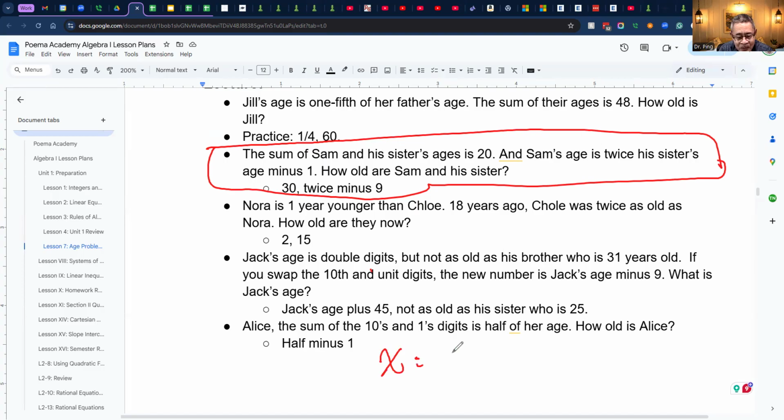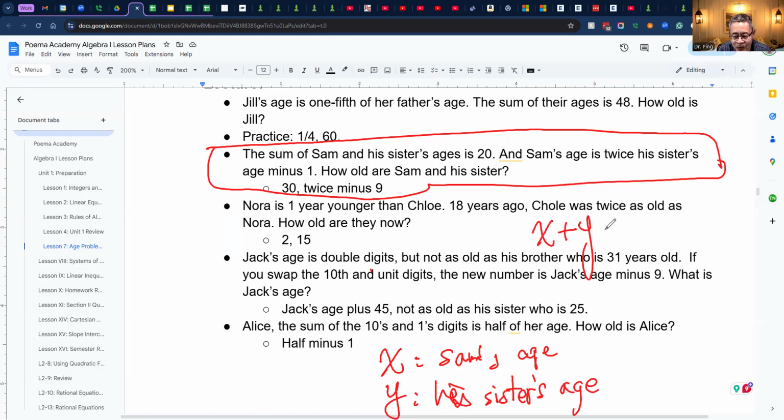One is Sam's age, x, and let's call his sister's age y. And now we know the relationship between these two is x plus y equals 20. So that's our first sentence. We translate that. Then the second sentence is Sam's age is twice his sister's age minus 1. So that means x is twice his sister's age. His sister's age is y, so 2y, then minus 1.